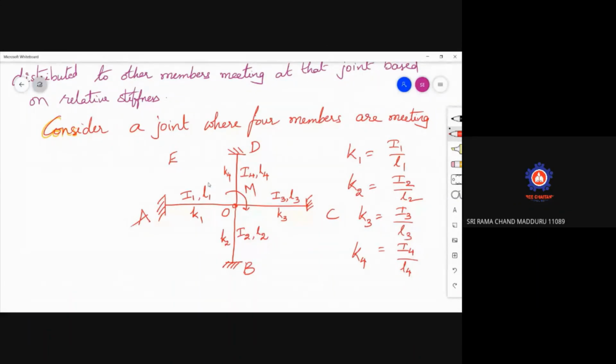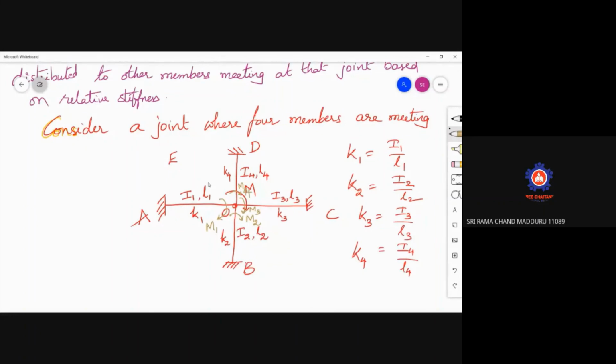Now when the moments are to be distributed, this will be considered as M1, this as M2, this as M3, this as M4.